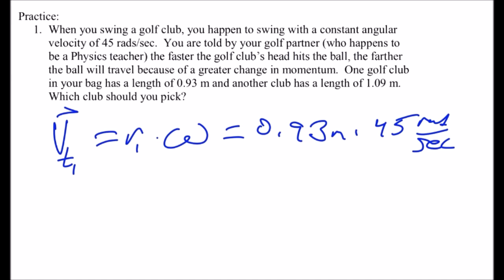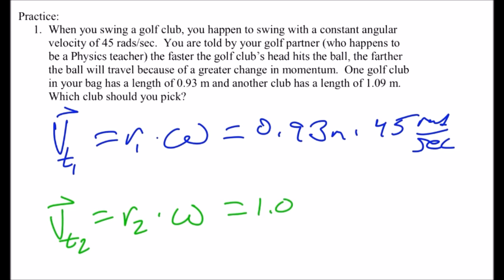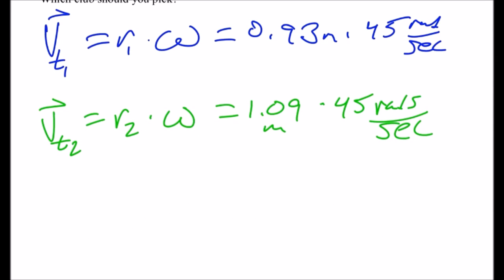Y'all type that in. And the second one is going to be the tangential velocity of club 2 equals the radius of club 2 times omega. Some of you do club 1, some of you do club 2 so that we can get the answers. So what's club 1's tangential velocity going to be? Well, actually, we just have to choose a club.